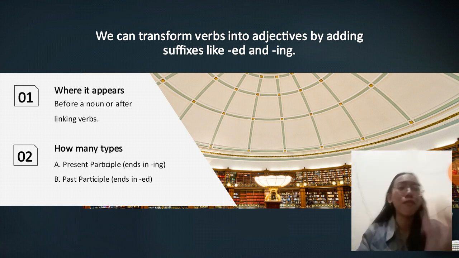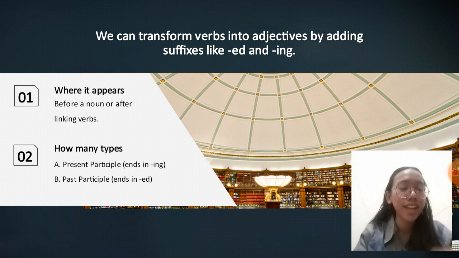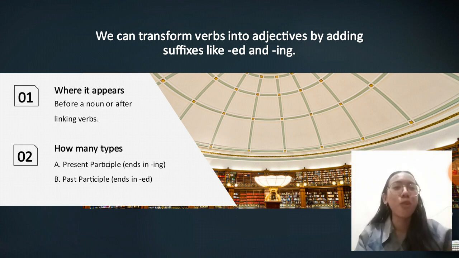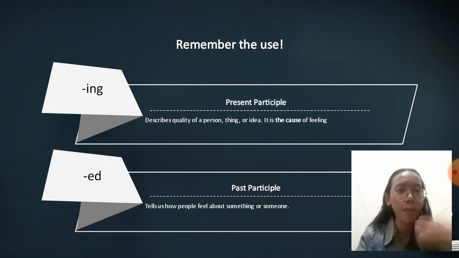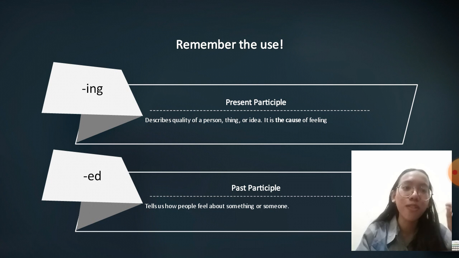Now, what is the difference between disturbed and disturbing, annoyed and annoying? Well, guys, you have to remember the use. Present participle usually describes the quality of a person, thing, or idea. It is the cause of a feeling.